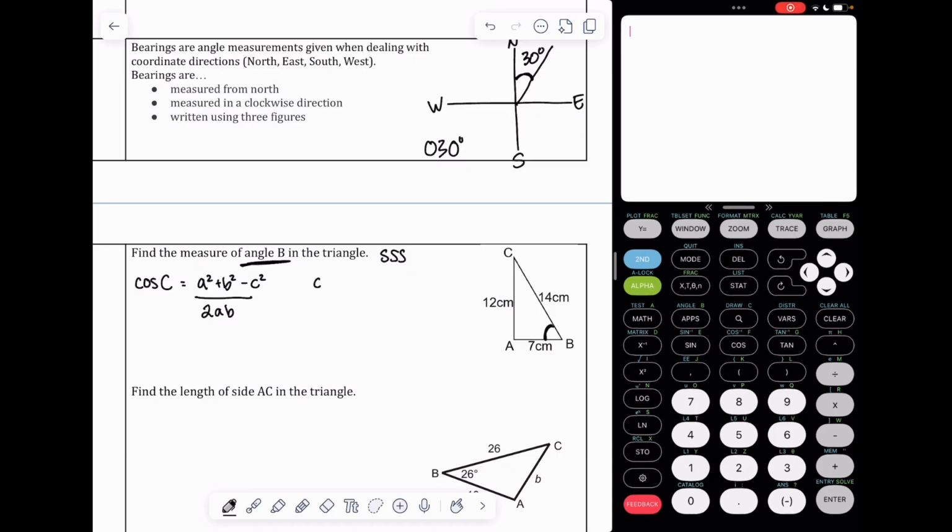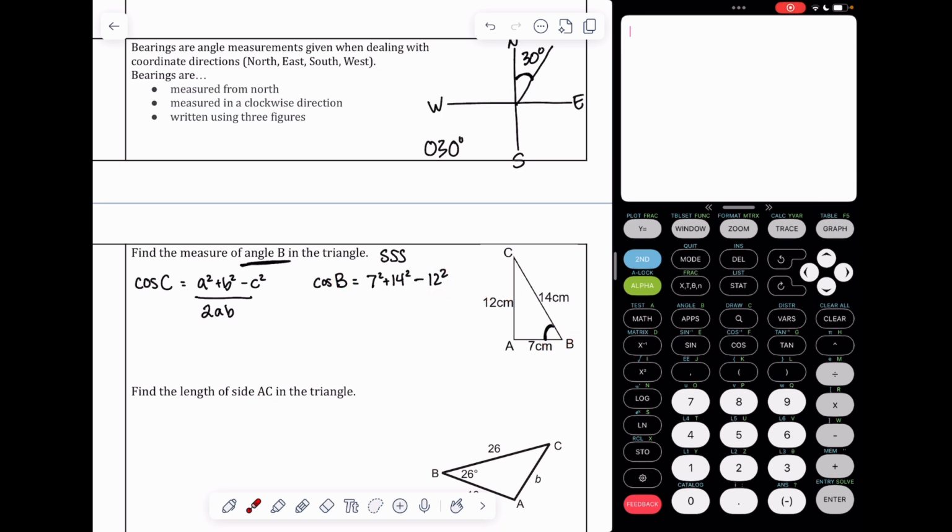Okay, cosine of angle B, which is what I want, is going to be equal to a squared plus b squared. So the sides it's touching. So 7 squared plus 14 squared minus 12 squared. So it's very important that the angle we use is we're subtracting the opposite side.